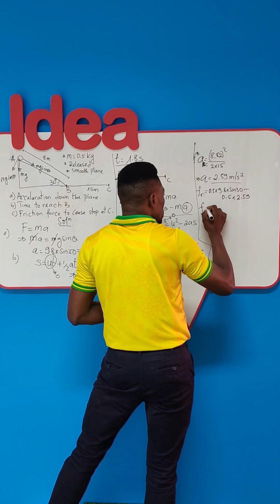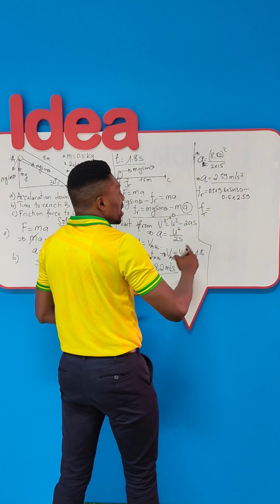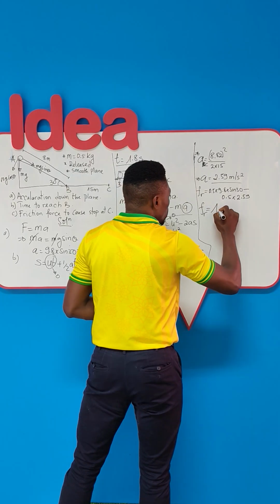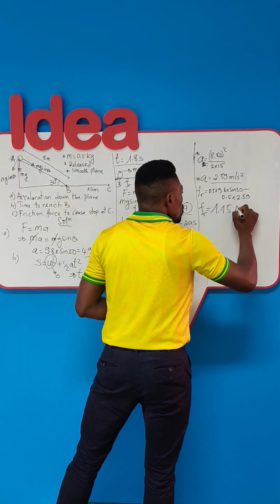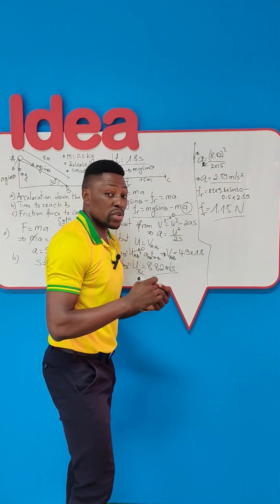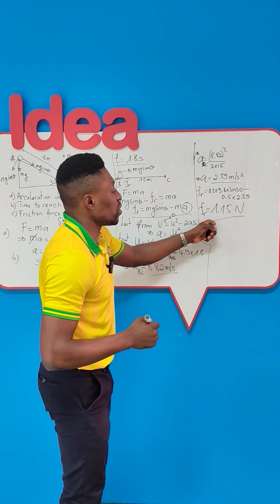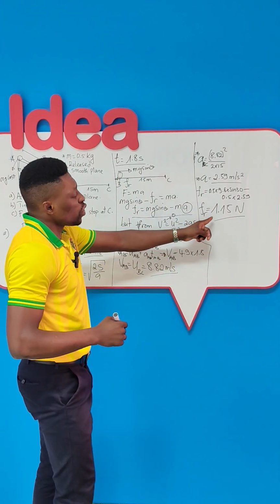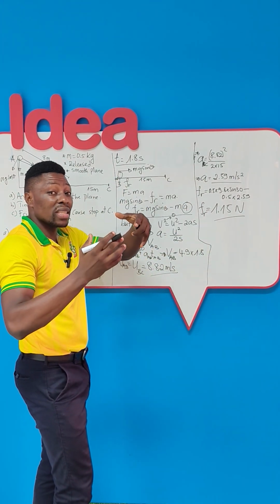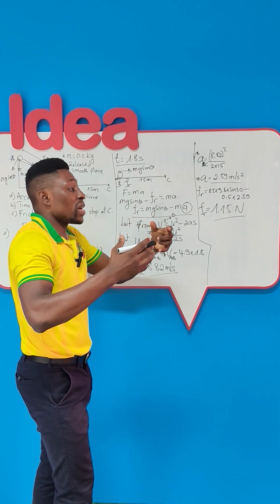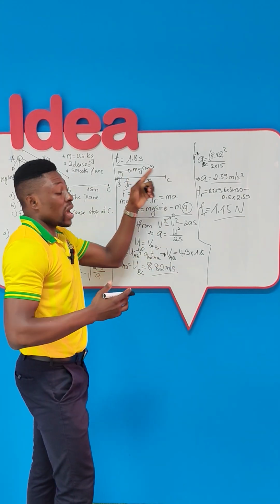If you punch correctly on the calculator, this value is 1.15 Newton, dear friends. It should be in Newton because friction is in Newton. And this answer makes sense because your friction has to be less than the driving force.